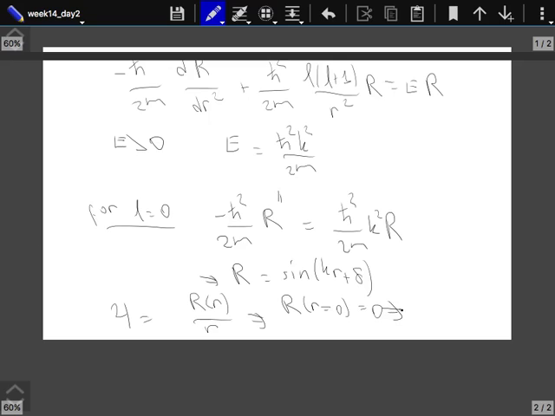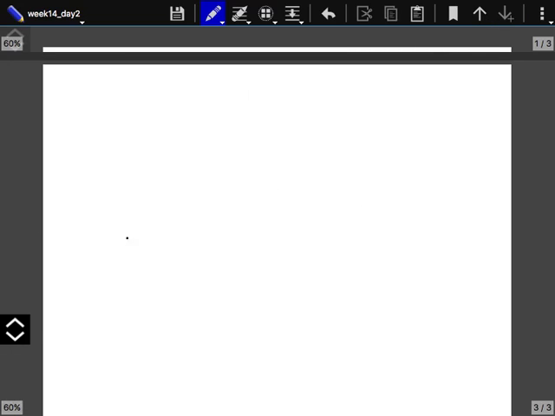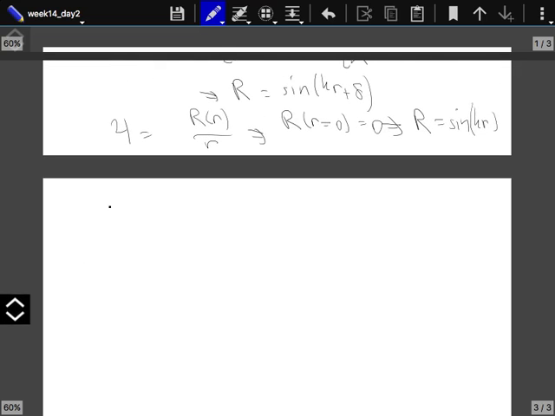And this tells me that the radial function u is just sine kr, and the wave function in this case is some normalization constant times sine kr over r. So this is our eigenstate with the eigenvalue h bar squared k squared over 2m.